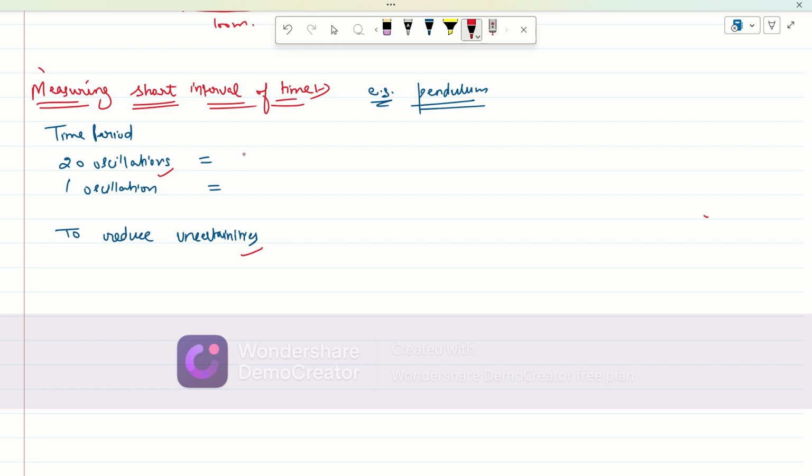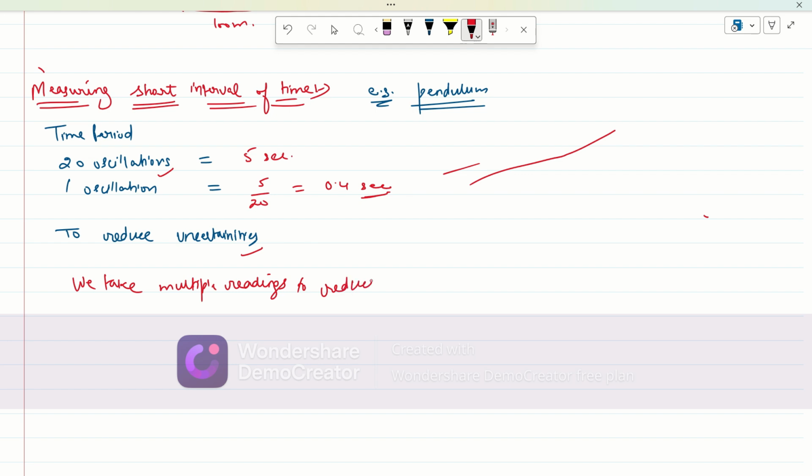Let's say for 20 oscillations, the time taken is 5 seconds. For one oscillation, you divide 5 by 20, which comes out to be 0.25 seconds. Why do we take multiple readings? We take multiple readings to reduce uncertainty.